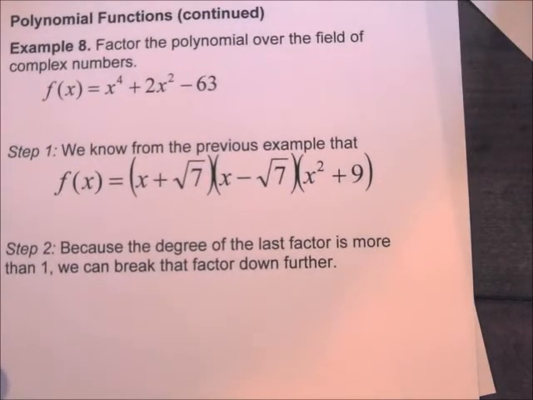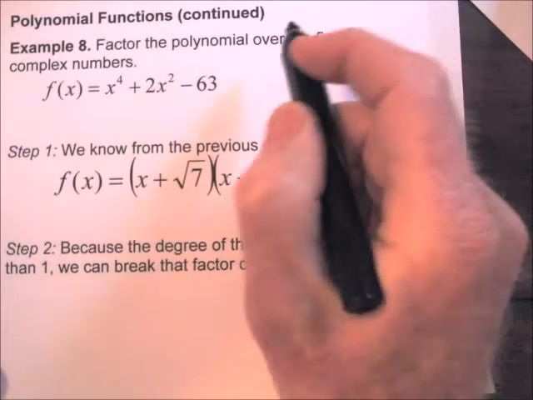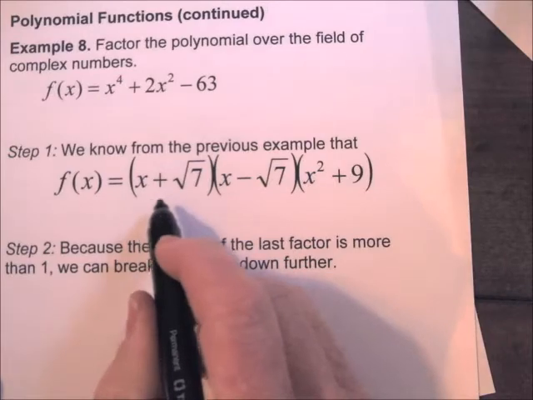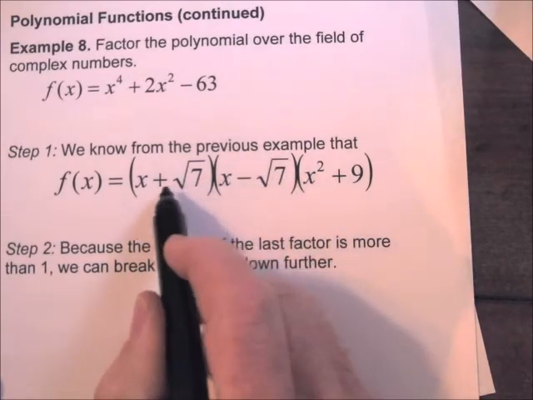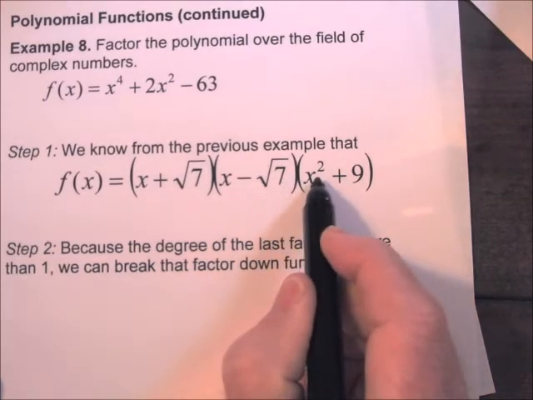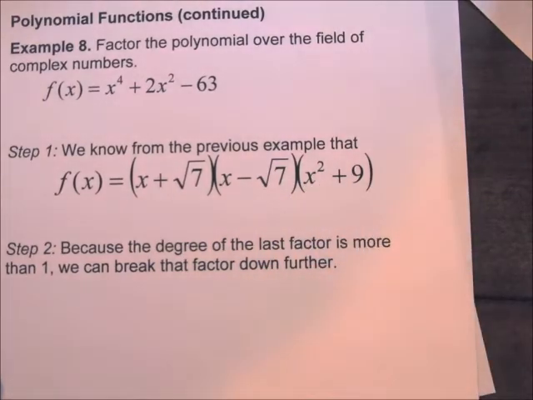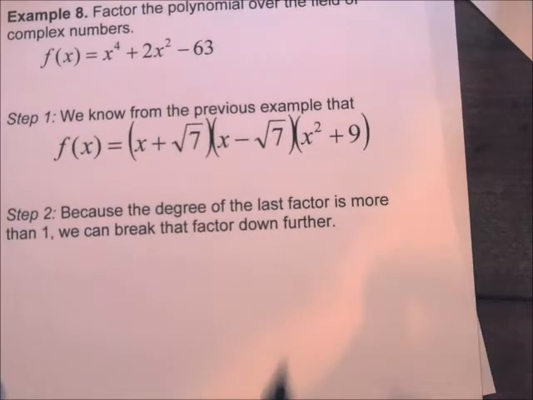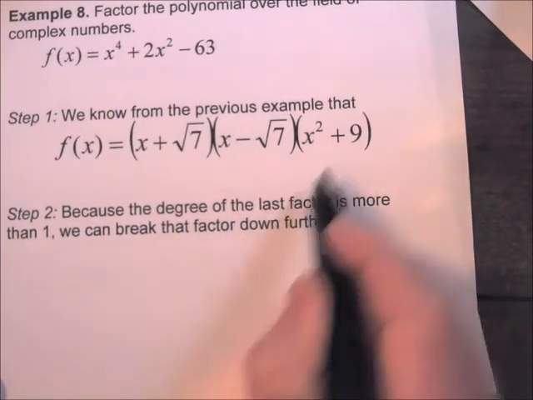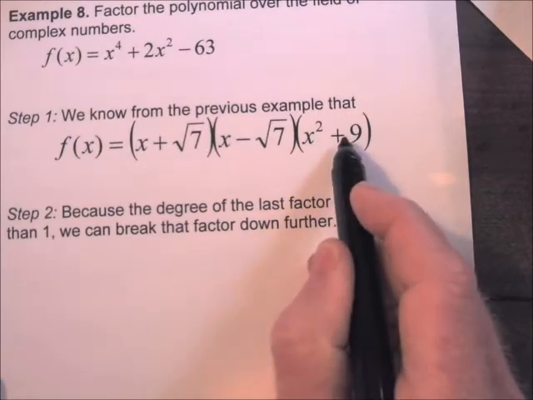Okay, the same polynomial, and now we want to factor it over the field of complex numbers. From our previous answer, we factored over the field of real numbers to x plus root 7 times the quantity x minus root 7 times this quantity x squared plus 9. Because the degree of the last factor is more than 1, we have degree 2 here, we can break down this last factor further.